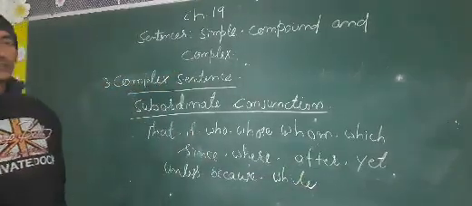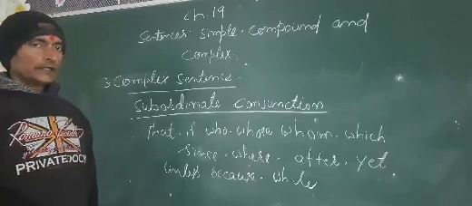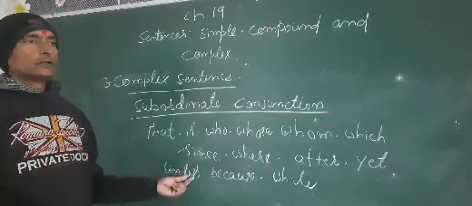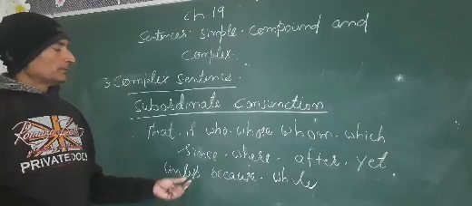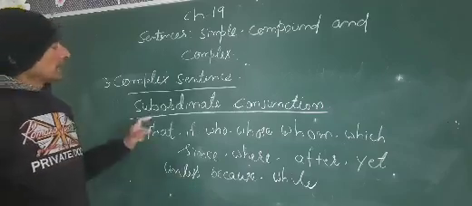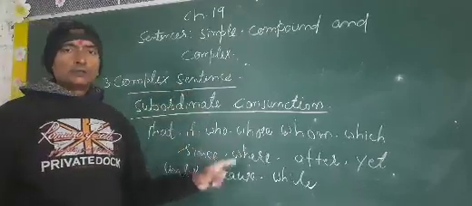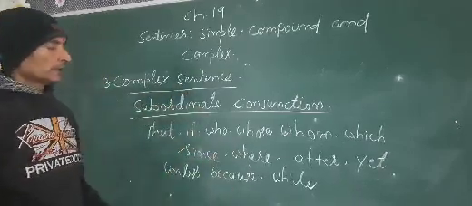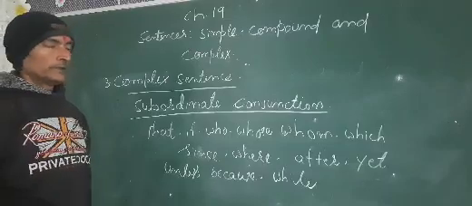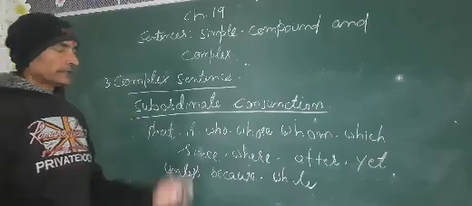These are called subordinate conjunctions. Okay, so if you see in a sentence these conjunctions joining two clauses, you can identify that sentence as a complex sentence. So it is very necessary to learn them by heart so that you will find yourself in an easier position to identify the kinds of sentences.